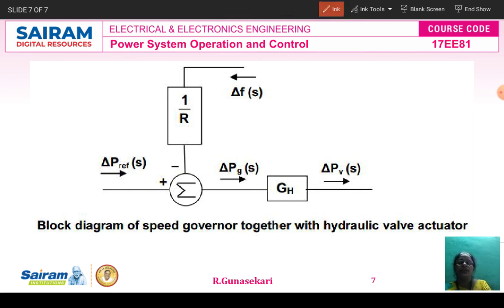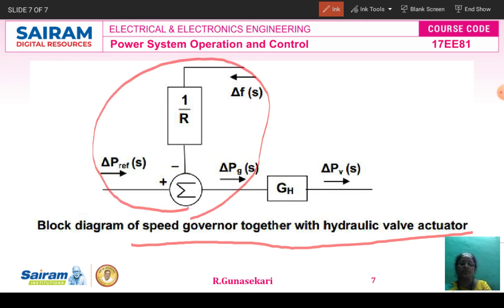This is the final block diagram of the speed governor together with the hydraulic valve actuator. First we studied the speed governor, which is this block. If we add the hydraulic valve actuator to the speed governor model, we get the speed governor together with the hydraulic valve actuator. From the diagram, we can recall the formulas.